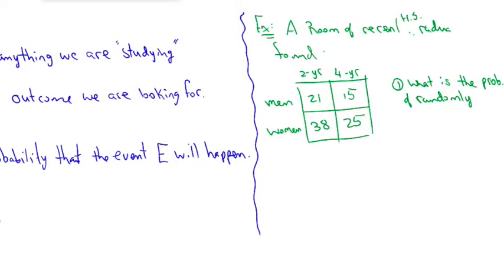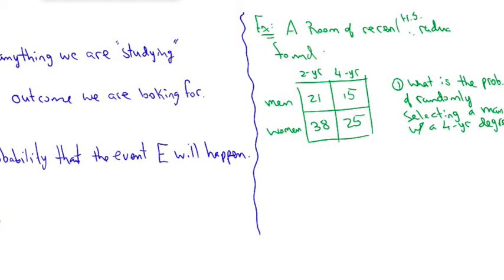You close your eyes and you reach in a bag and grab something. So what is the probability of randomly selecting a man with a 4-year degree? You know, put their names in a hat, shake it around, and pick a name out.